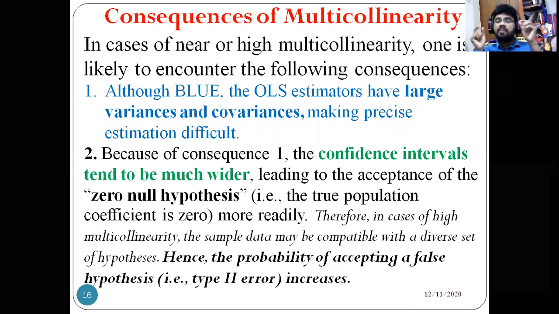That is called a type 2 error, which is more dangerous. This is very important. It is a question that will come in SET, NET and other competitive exams. Please keep that in mind. When you are accepting a false statement or false hypothesis, that is called type 2 error.